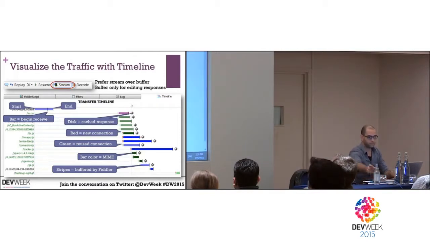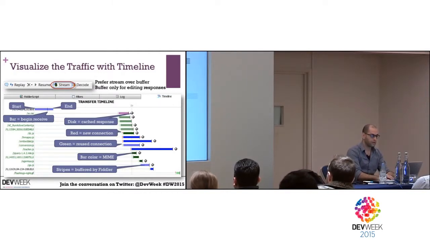Okay. You see the difference? Okay. The HTML is received. Just after Fiddler finishes receiving it, it sends it to the browser, and just then the browser starts sending the requests.